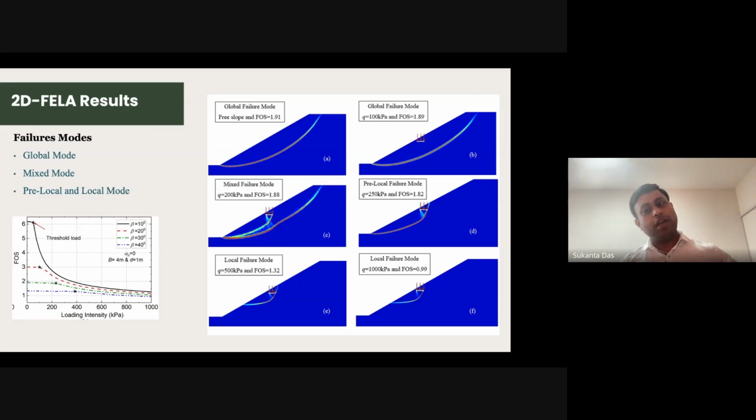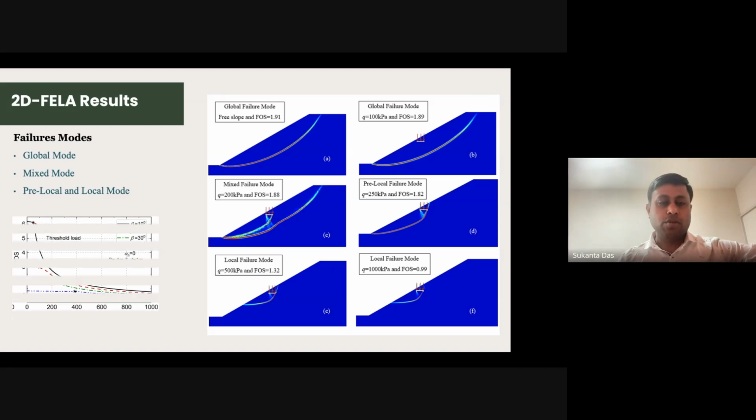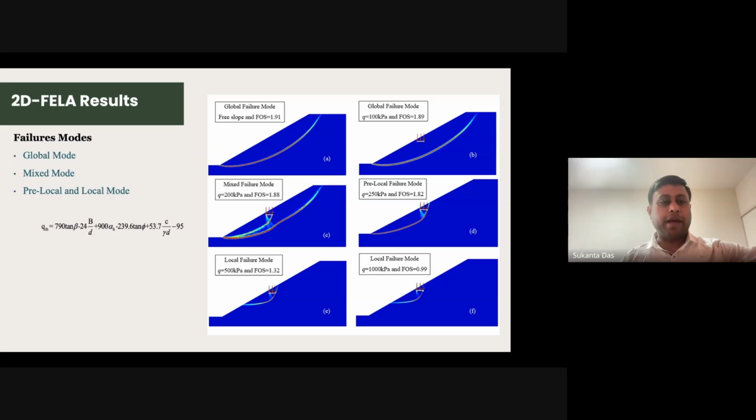So can we give some guidelines or some correlation so that engineers can evaluate the threshold load? Yes, we have considered some parameters, as I have mentioned: footing width, edge distance, slope angle, seismic coefficients, and soil strength parameters, all in normalized form.